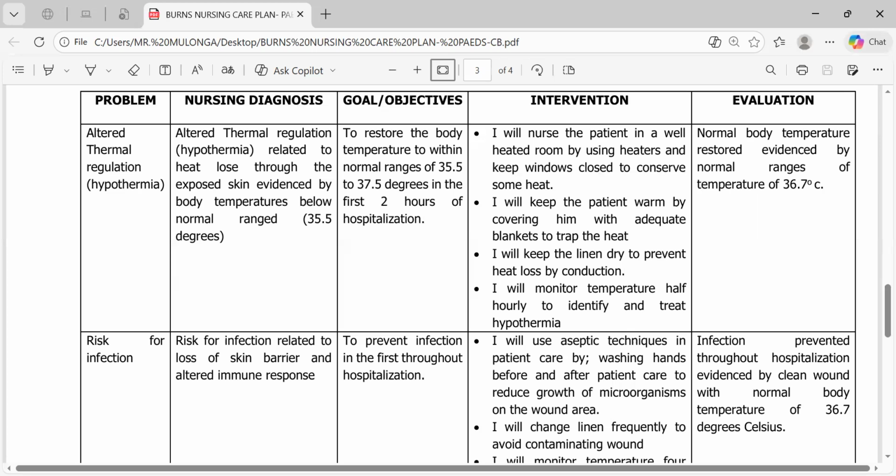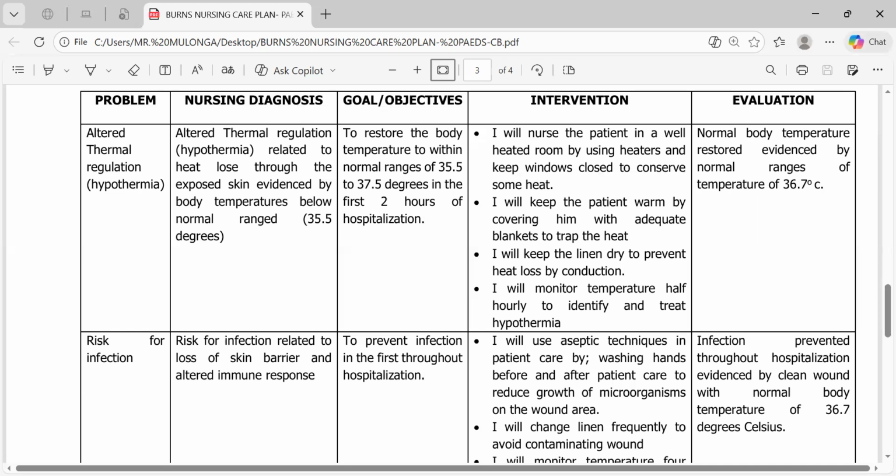Okay, so those are some of the interventions. Of course, we also have hot water bottles. So I'll use a hot water bottle when nursing the child to promote warmth. All those things can be present as we nurse the child.